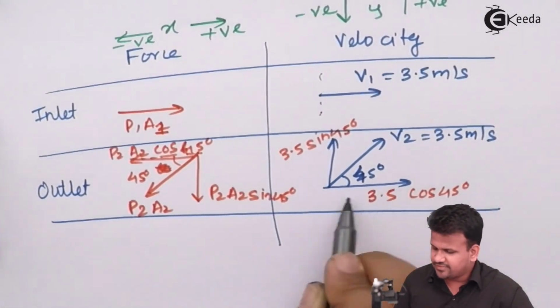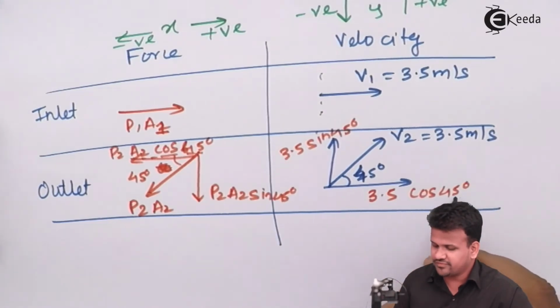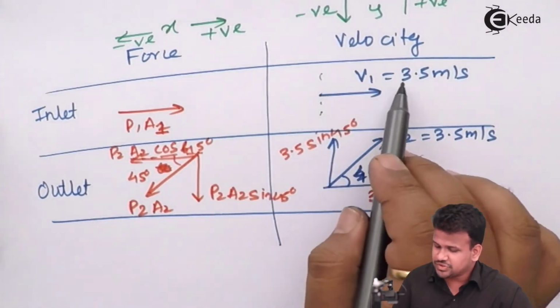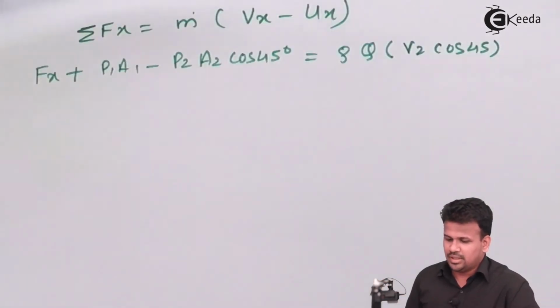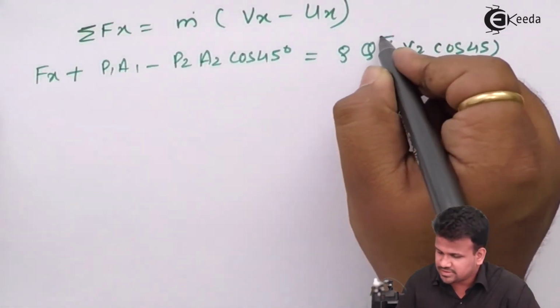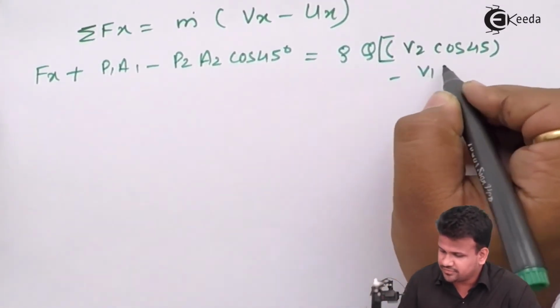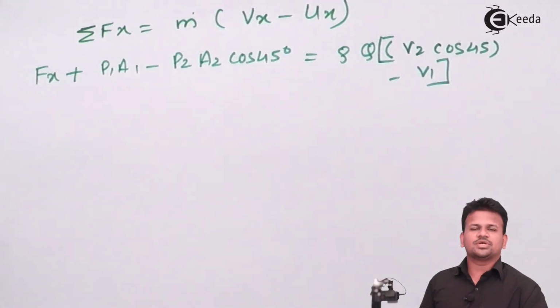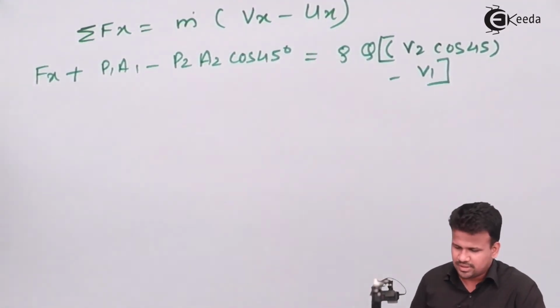Along x direction, the final velocity is 3.5 cos 45, and the initial velocity is 3.5, that is V1. So this will be final velocity minus initial velocity. So now we have considered all the velocities along x direction. Let us solve this problem.